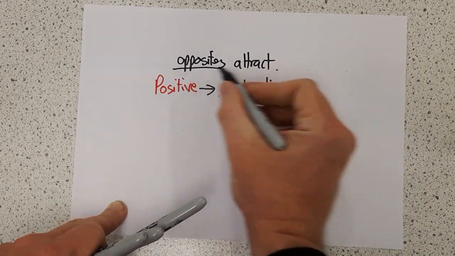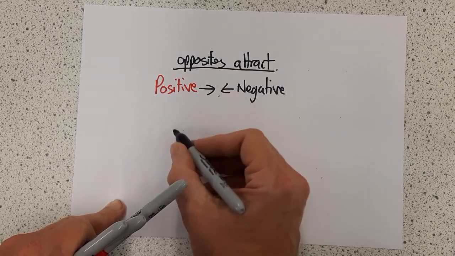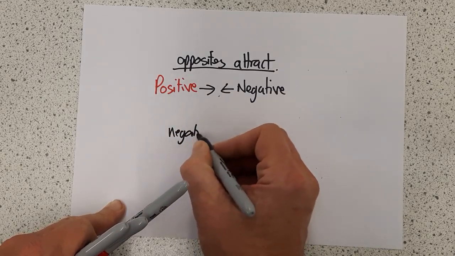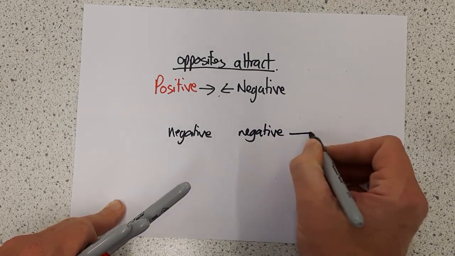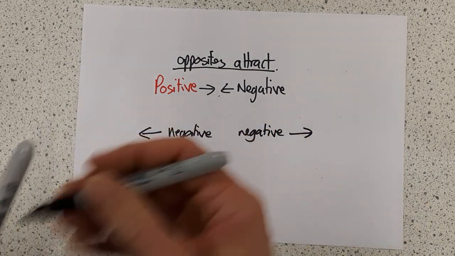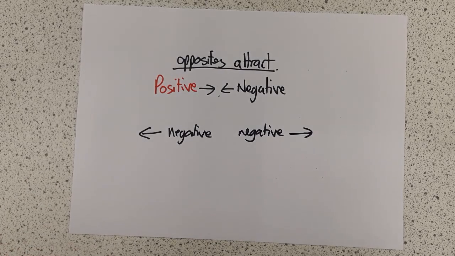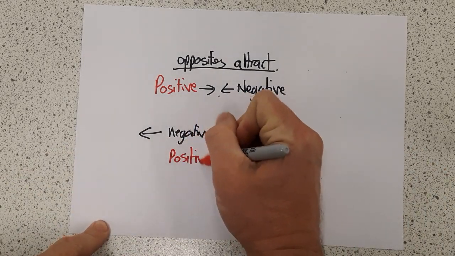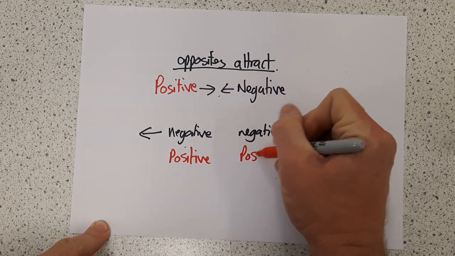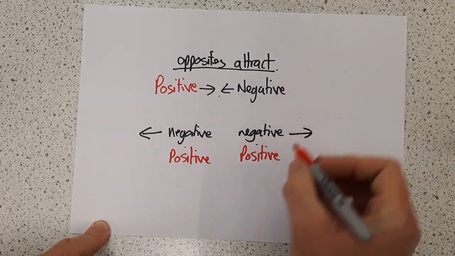And then likewise, if we have negatives near negatives, then they will repel, just the same as if we have positives and positives. So opposite charges attract, but like charges repel.